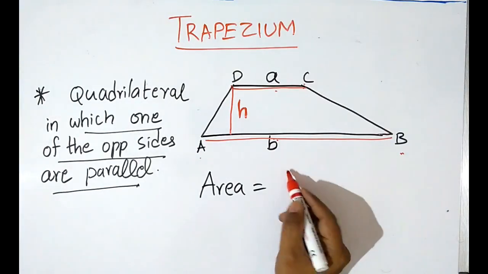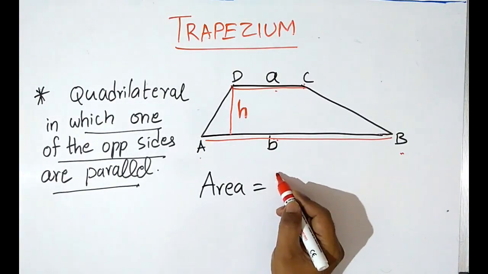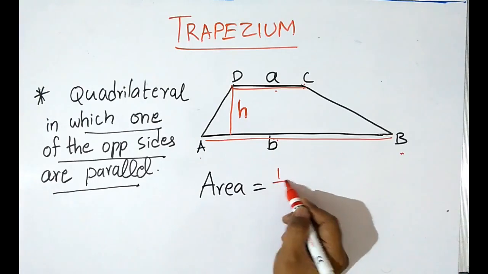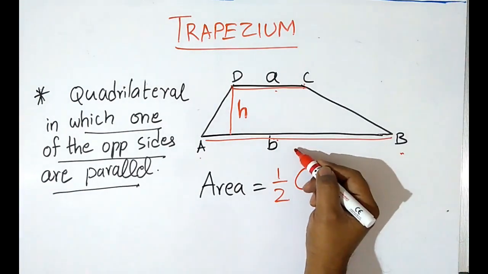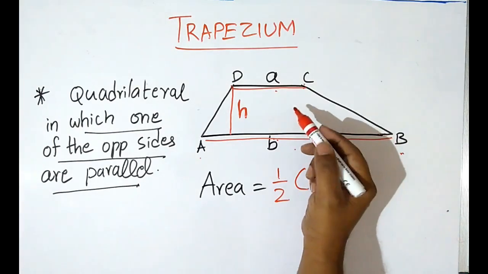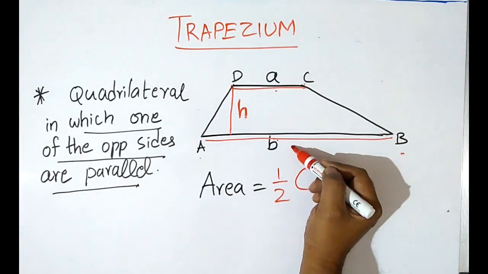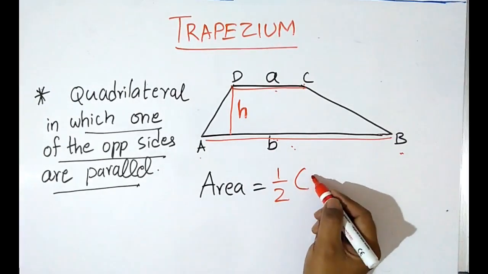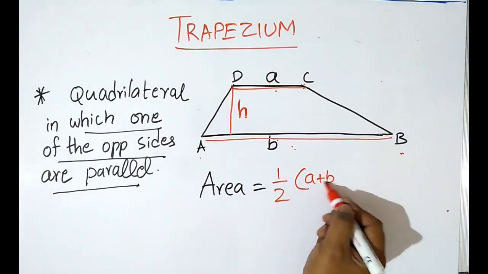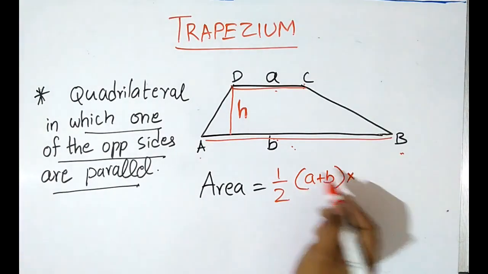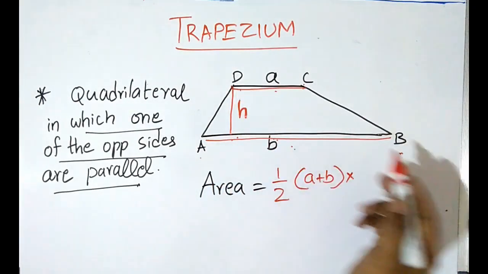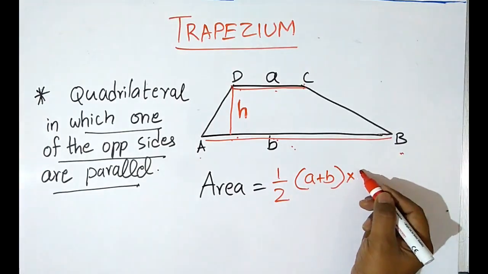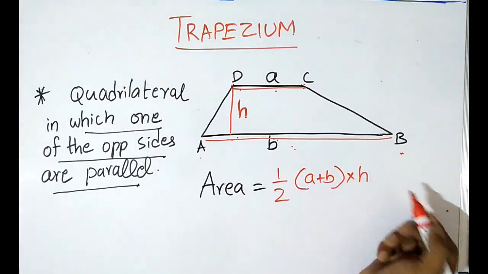and the area of trapezium is given by half into the sum of the lengths of parallel sides, that is A plus B, into the distance between these parallel sides, that is height, h.